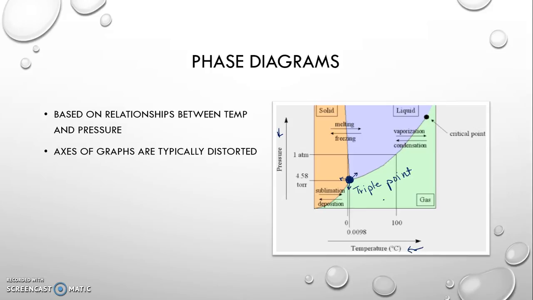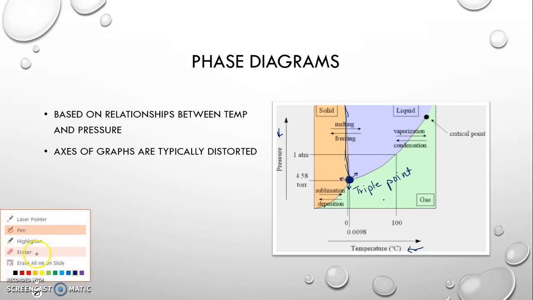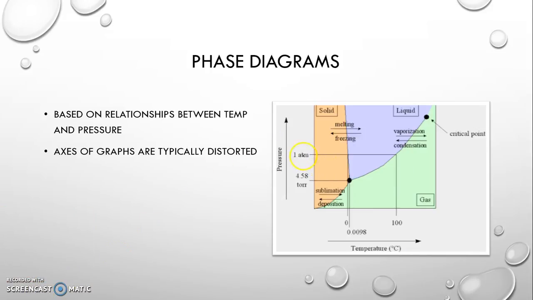Okay, we also have the line here that goes between the solid and the liquid. Ooh, I can't draw on it. I have to erase that, that's really going to bug me. Sorry. Okay, that line there is going to show us the melting point at any given temperature or pressure. So if we were to look here, and you'll have more lines you'll be able to read more information from it.